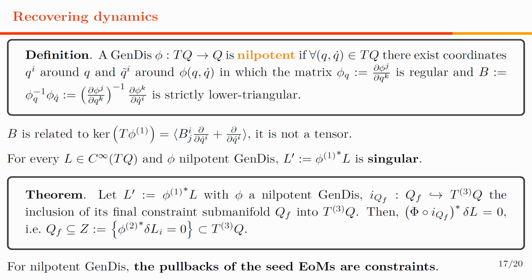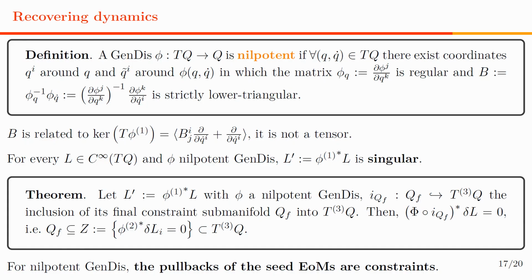Of course, the fact that this matrix is lower triangular and this is regular depends on the coordinates, yes. And we are trying to find some geometric object that captures this, and we are trying to relate it to this kernel here. In particular, Manuel was thinking to relate it to a Lie algebroid we can construct through the kernel of the map.